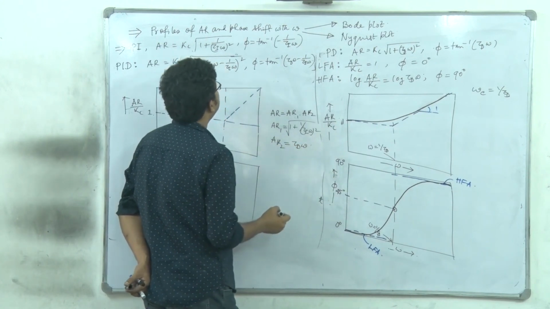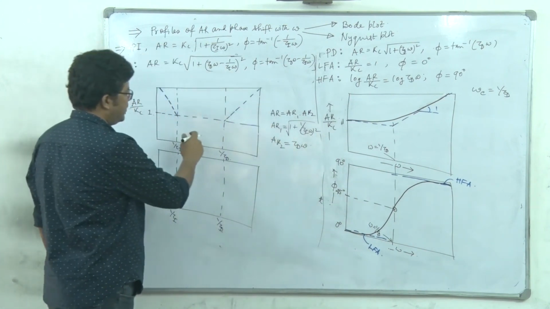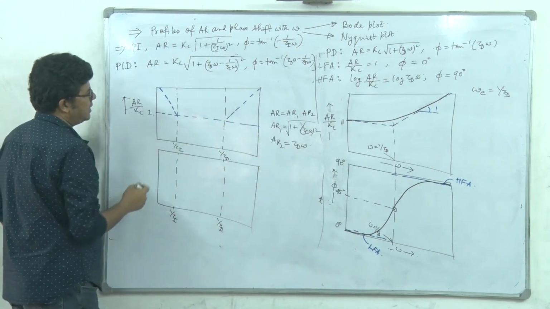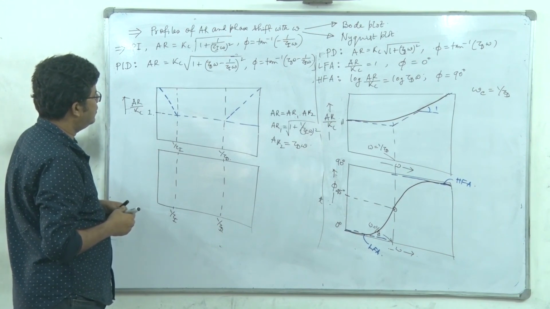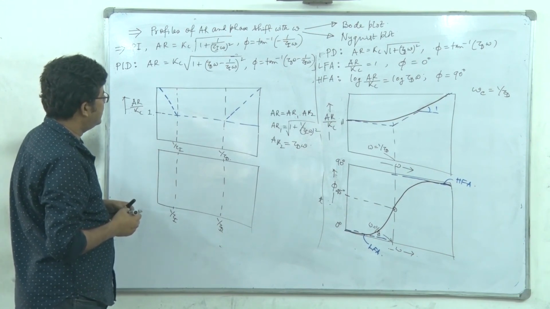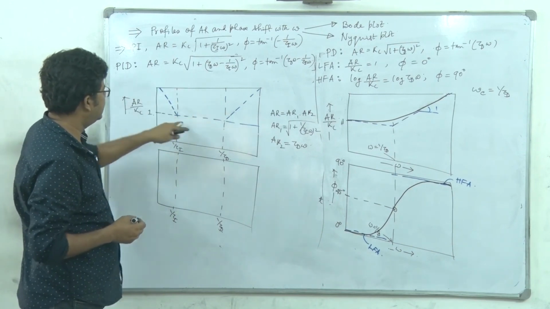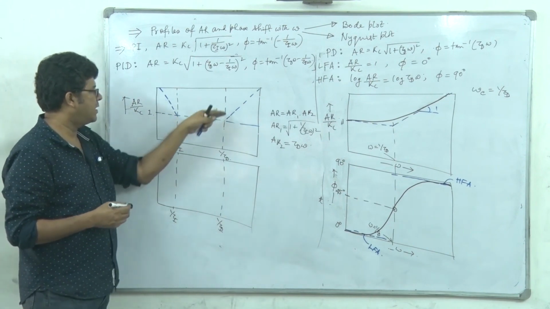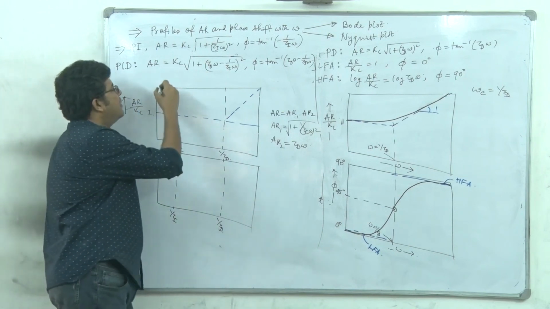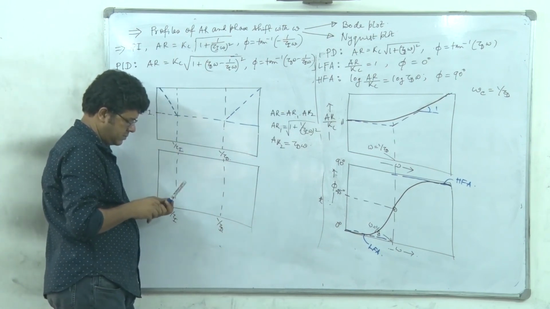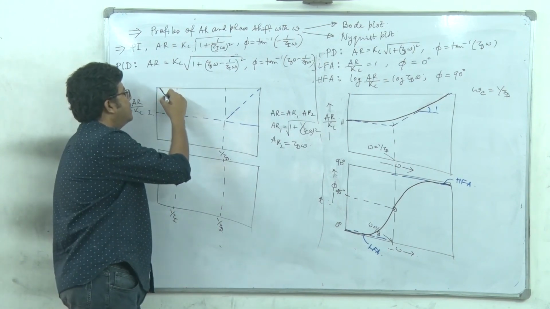So whenever I am writing tau d omega, it's a plot like this. So we have to think of these two. This plot is valid here. There is no such region, and if we superimpose now, we will be getting a plot like this.